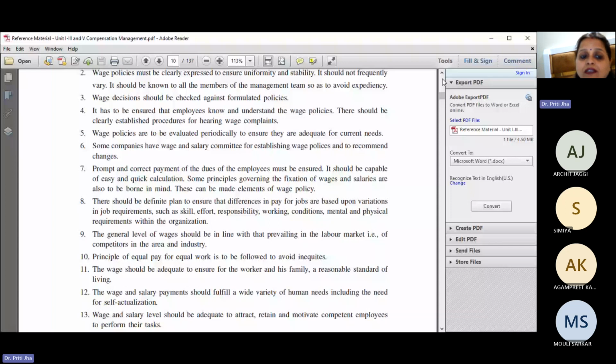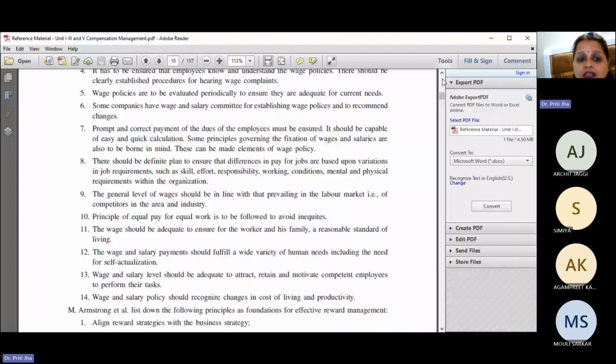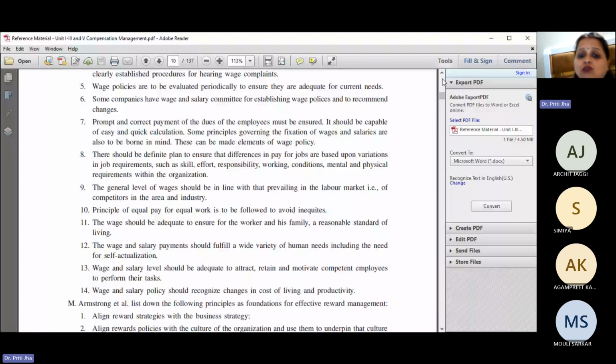Next principle is the general level of wages should be in line with that prevailing in the labor market, that is of competitors in the area and industry. Next one principle is principle of equal pay for equal work is to be followed to avoid inequities. Next, the wage should be adequate to ensure for the worker and his family a reasonable standard of living.